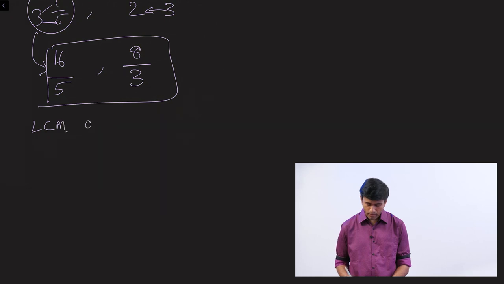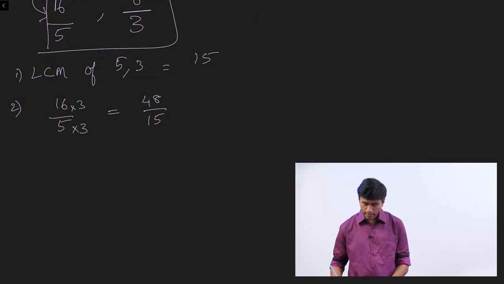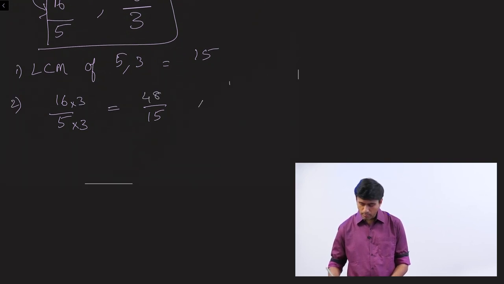So once you have this fraction, you need to follow the steps mentioned earlier. Find the LCM of the denominators. LCM of 5 and 3 is 15. Second step is to convert it into equivalent fractions. So this becomes 48 by 15 and 8 by 3. To have the denominator 15, you need to multiply it by 5. 40 by 15.